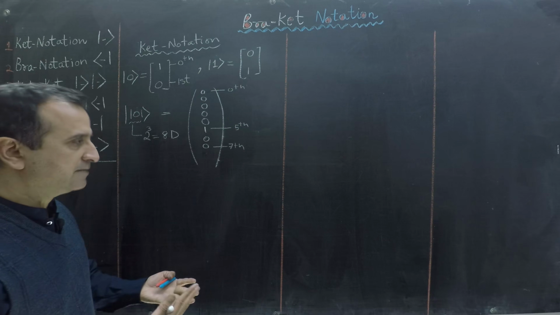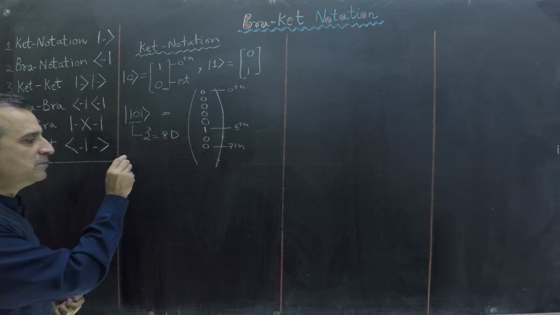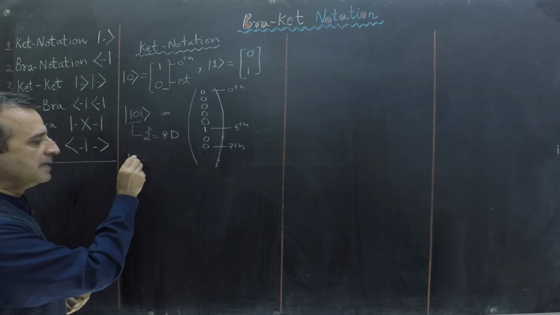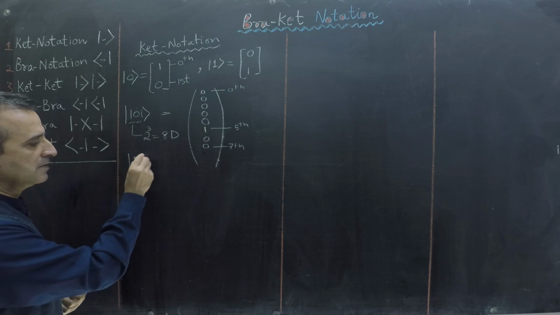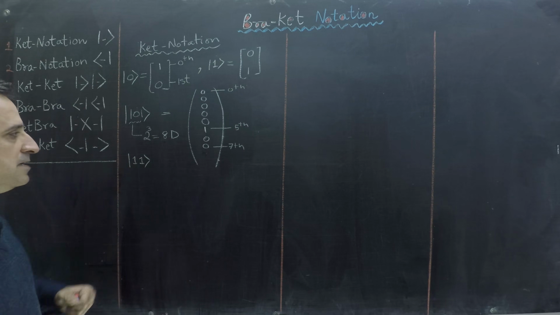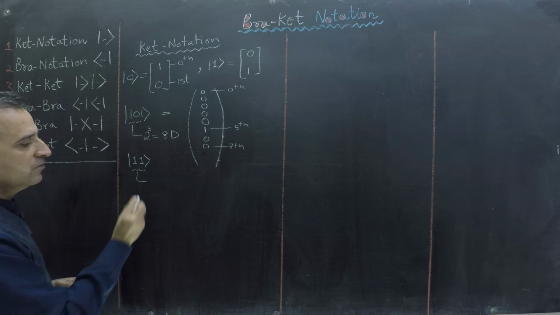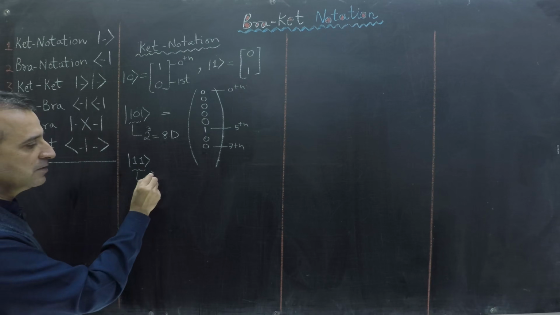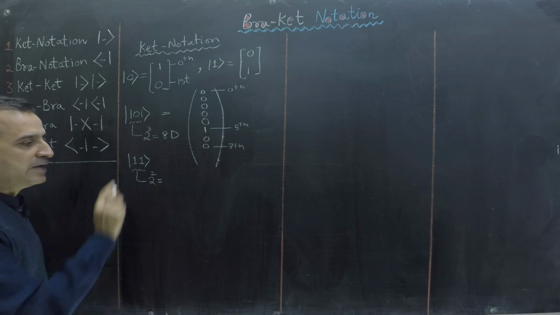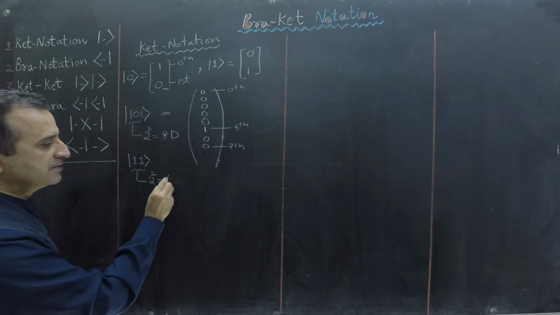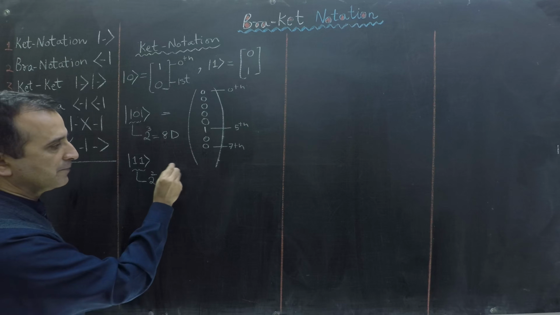So let's do another example. In this example, I have Ket 1, 1. Once again, I have to see how many binary digits are here because we have 2 digits. So therefore, we have a 4-dimensional vector.